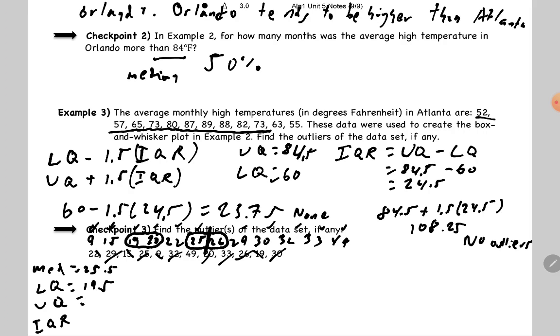My upper quartile will be between 30 and 32. So that is 31. So my interquartile range is 31 minus 19.5, which is 11.5.